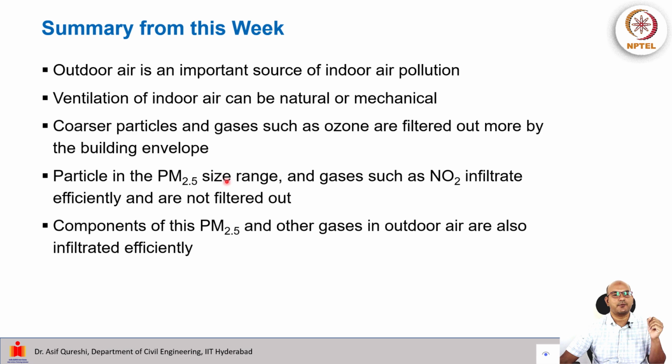Particles in the PM 2.5 size range, especially in the fraction 0.1 to 1 micron, and gases such as NO2 will infiltrate more efficiently compared to the above and are less filtered out. Also, this kind of PM and other gases in outdoor air are infiltrated efficiently.